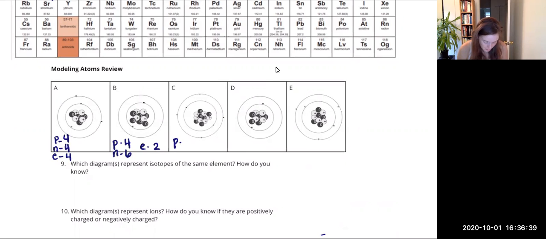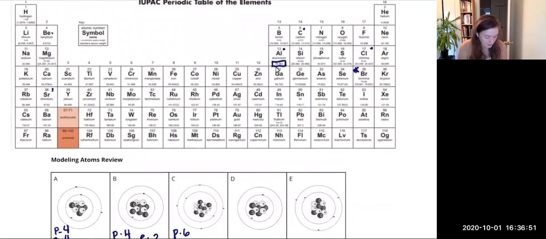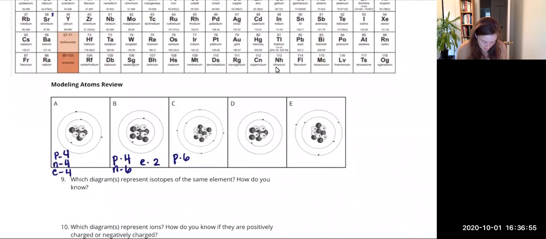C has 1, 2, 3, 4, 5, 6 electrons. So this is a different element identity altogether. This is carbon. The other 2 were atomic number 4, beryllium. Okay, so 6 protons, 6 neutrons, and 1, 2, 3, 4, 5, 6 electrons as well.